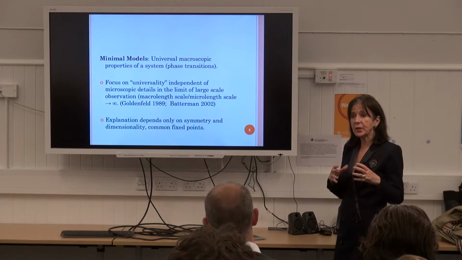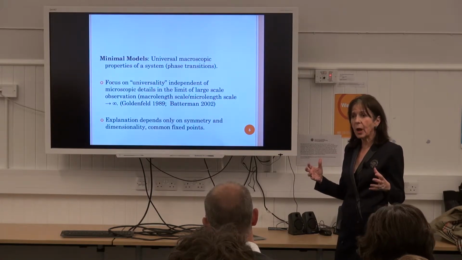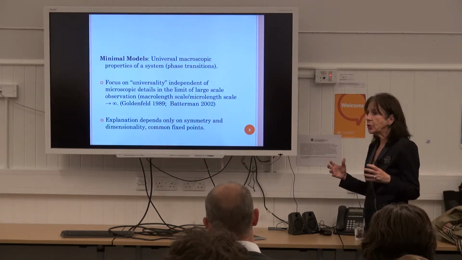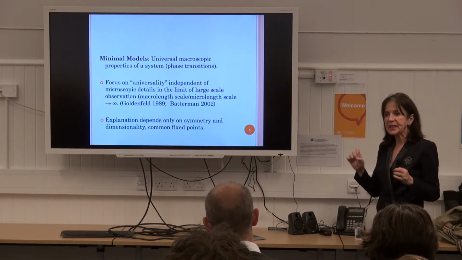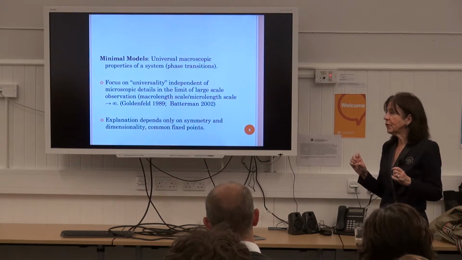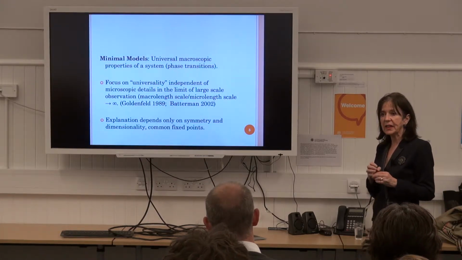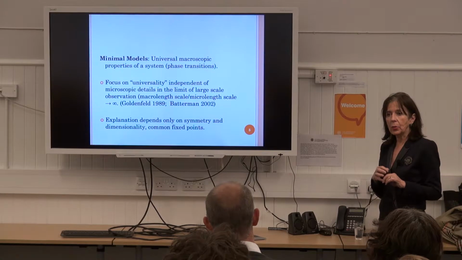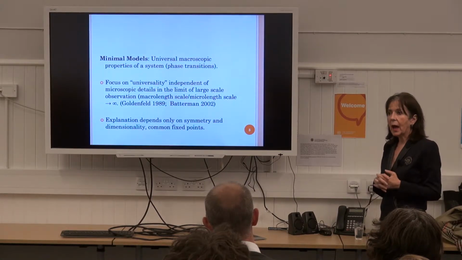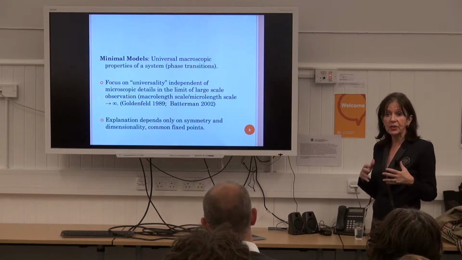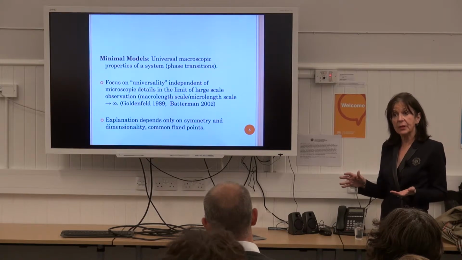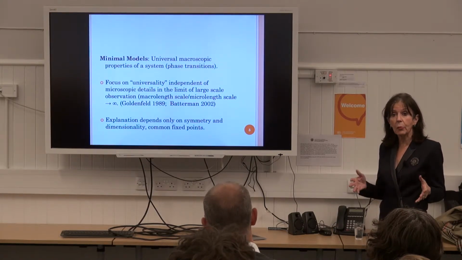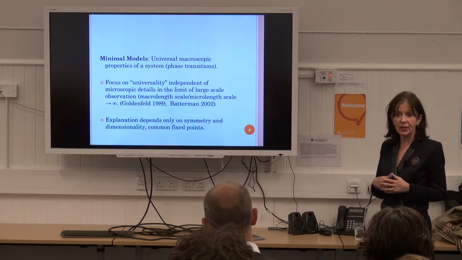They're a bit like phenomenological models, but usually in cases like this, you focus on specific characteristics. So for example, in statistical physics, where you look at phase transitions, you have minimal models that pay attention only to the symmetry and dimensionality of the system. All of the microscopic interactions are washed out because they're not relevant to what happens at a phase transition.